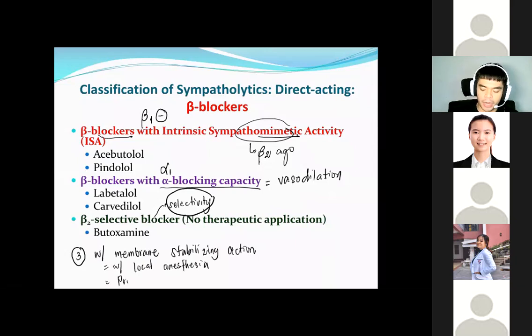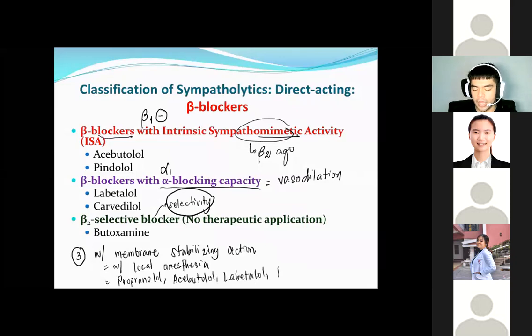Number one is propranolol. Second is acebutolol. Next, we have labetalol and metoprolol. I repeat, examples of beta blockers with membrane stabilizing action are propranolol, acebutolol, labetalol, and metoprolol.